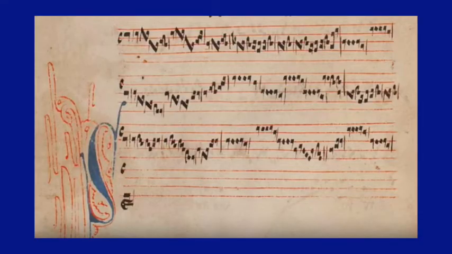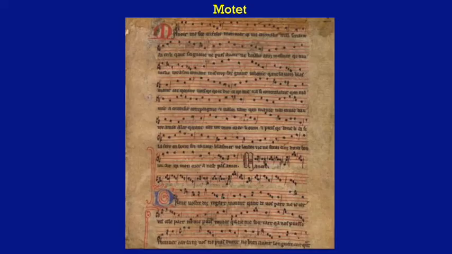An even bigger problem is that because it depends on ligatures, modal rhythm is really only good for music that's melismatic. Now, Notre Dame Polyphony is about as melismatic as any musical style ever, so that worked out pretty well. But there was a new style on the horizon, the Motet, which basically, and often literally, amounted to a piece of Notre Dame organum with a whole lot more text thrown in.